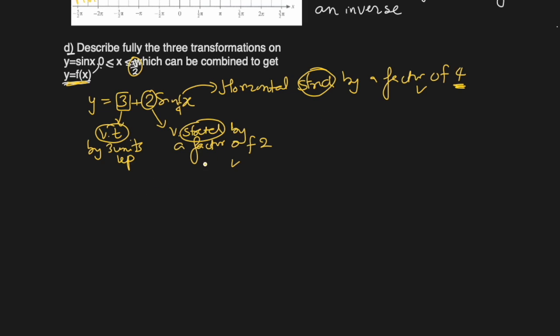Still I will give this preference. So this is number 1, this stretch by a factor of 4 is number 2, and then the vertical translation. Translations happen after stretches, so this will happen last. This is the sequence of the different transformations.